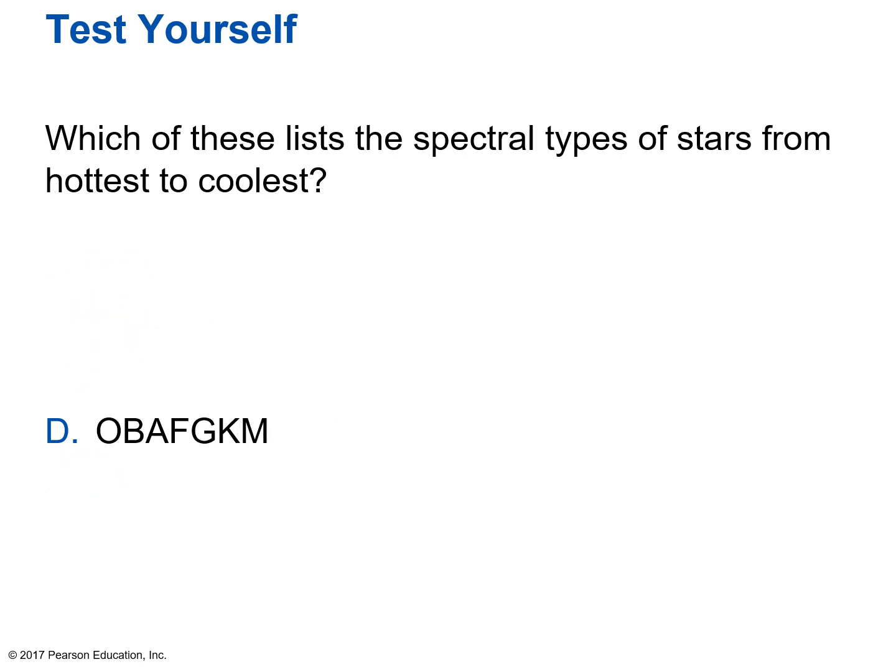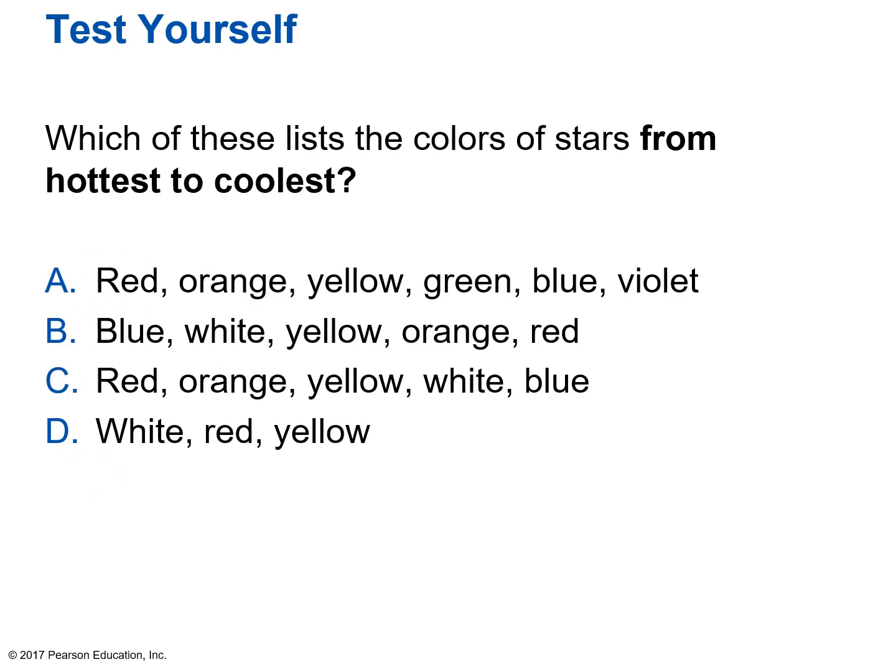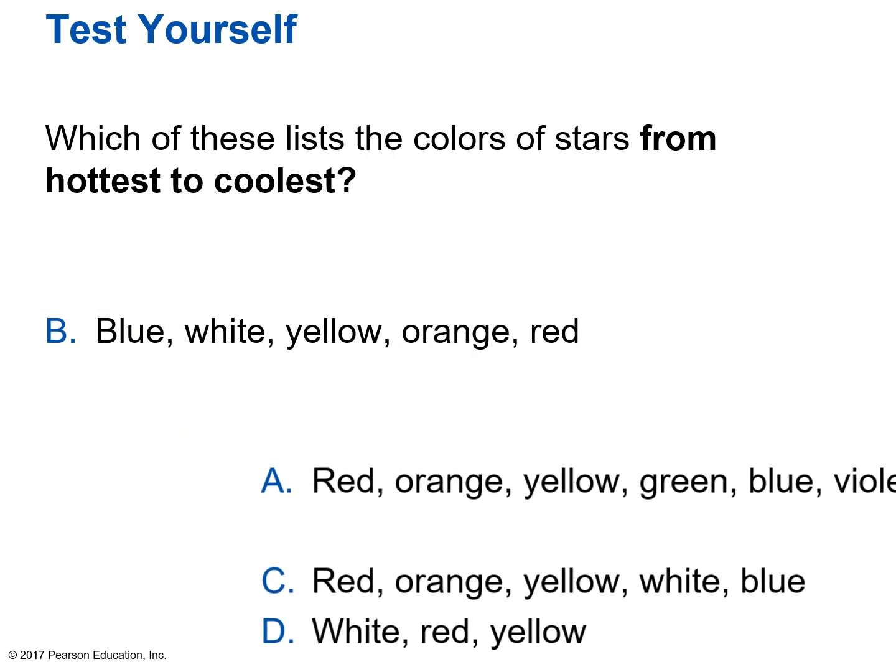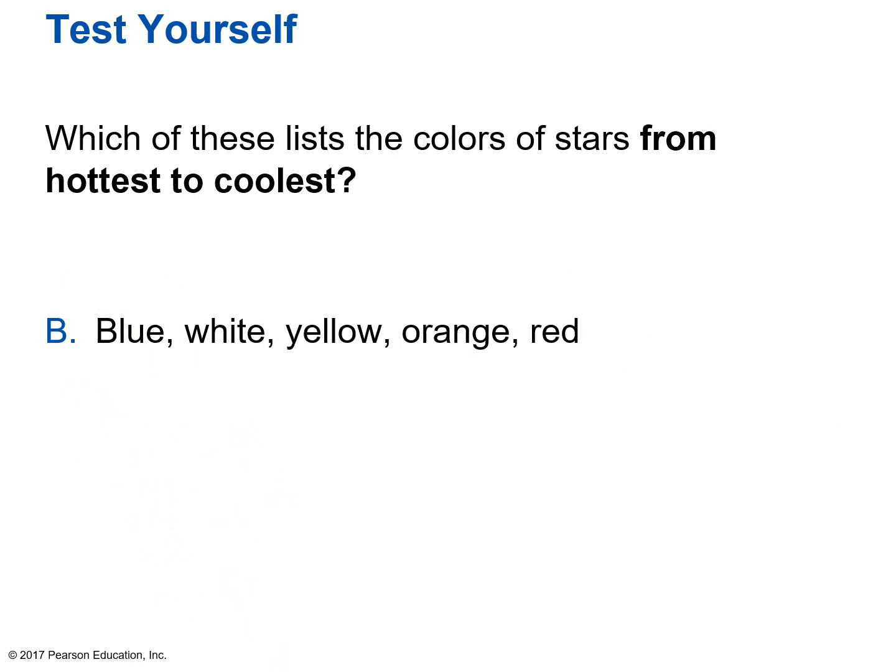O, B, A, F, G, K, and M. Which of these lists the colors of stars from hottest to coolest? Remember, from coolest to hottest, it's modified Roy G. Biv. So red, orange, yellow, not green, but white, and then blue. And so from hottest to coolest, it's going to be blue, white, yellow, orange, red.